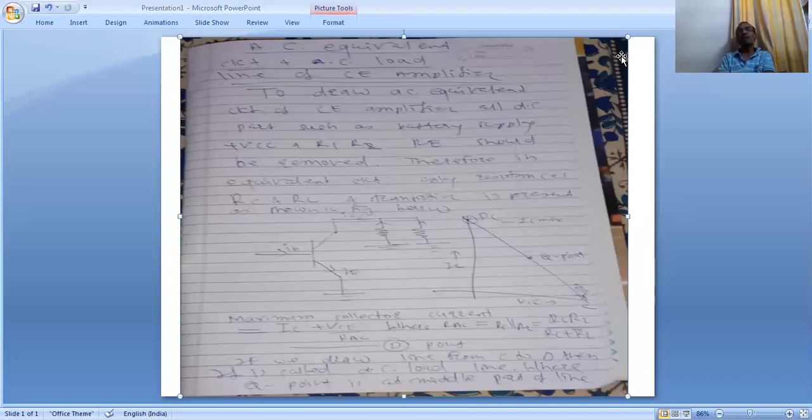Not a single drop of water is dropped across the agricultural land. This is the case where IC, that is collector current, is equal to 0. Do you understand? We have to go next.